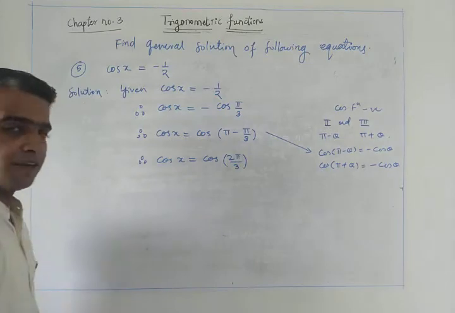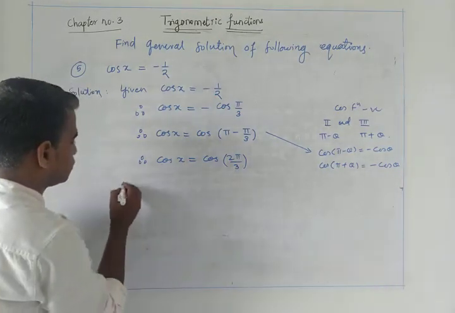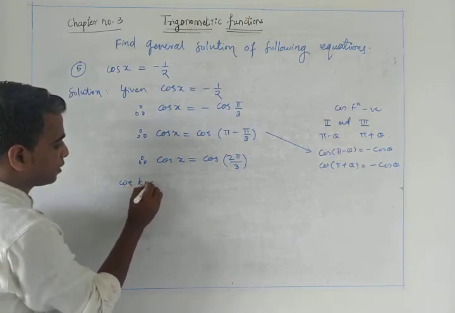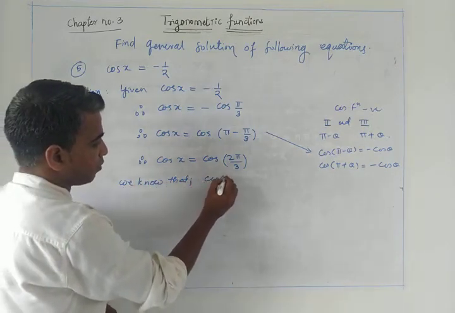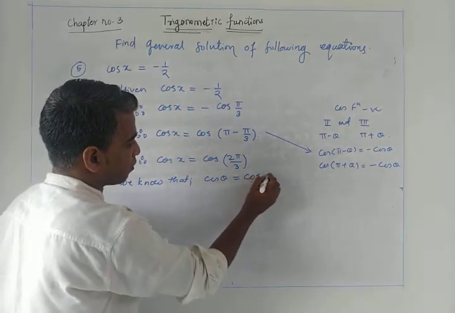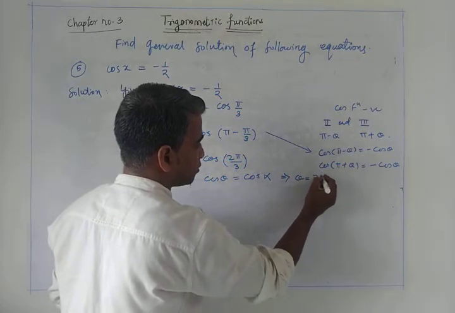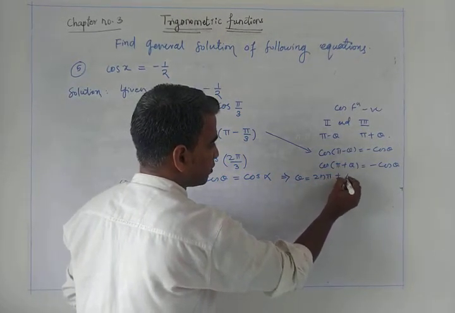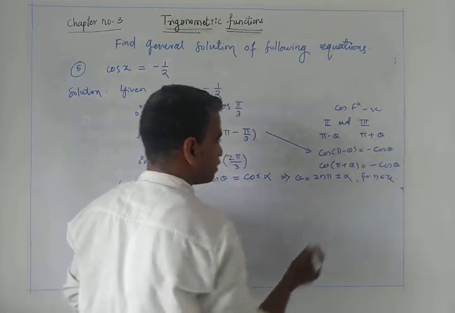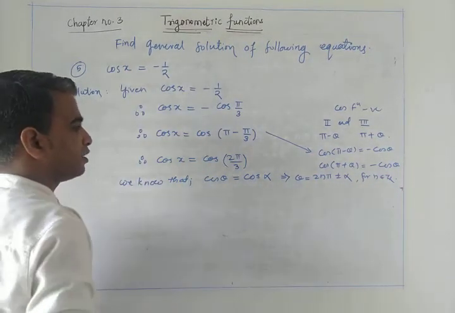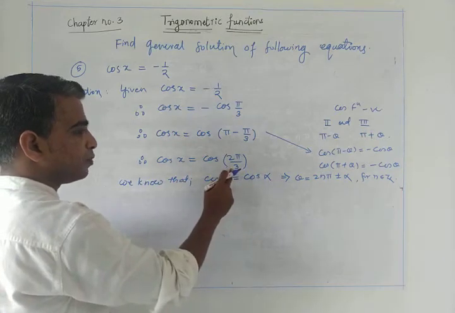And now we got the function in the form cos theta is equal to cos alpha. So we know that cos theta is equal to cos alpha implies theta is equal to 2n pi plus minus alpha for n belongs to Z. So now we are going to use that formula. The value of theta is x and the value of alpha is 2 pi upon 3.